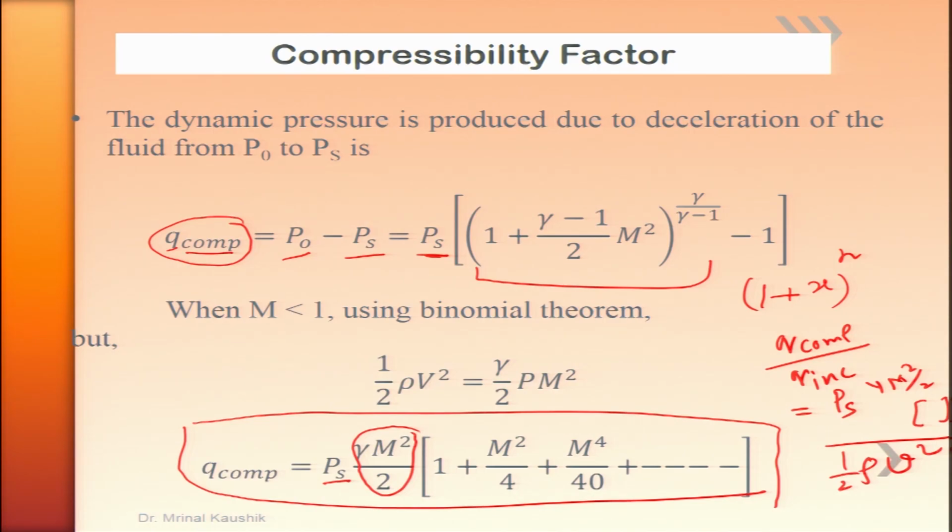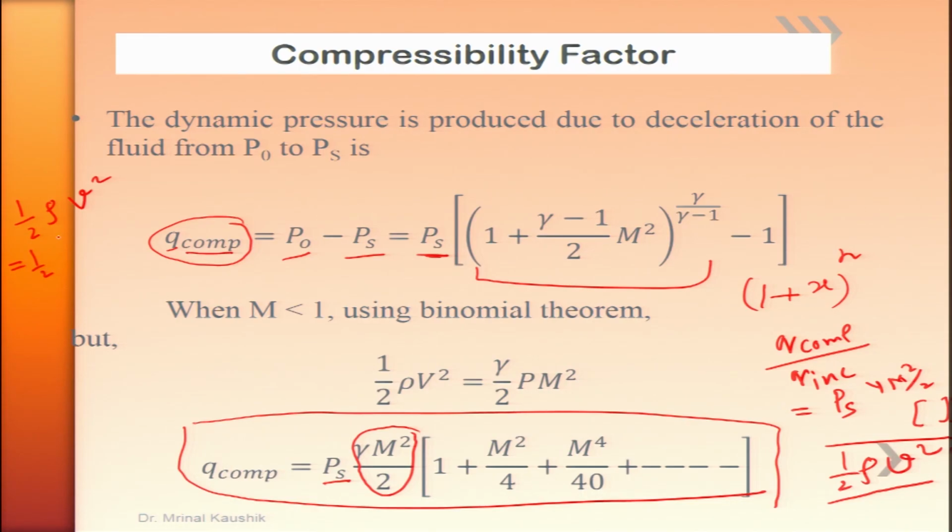Please note that half rho V square, which is true for the incompressible case, let us convert in terms of the Mach number, which is the more dominant parameter for a compressible flow situation. How does it come? Let us see that half rho V square can be converted in terms of the Mach number, such as 1 by 2.